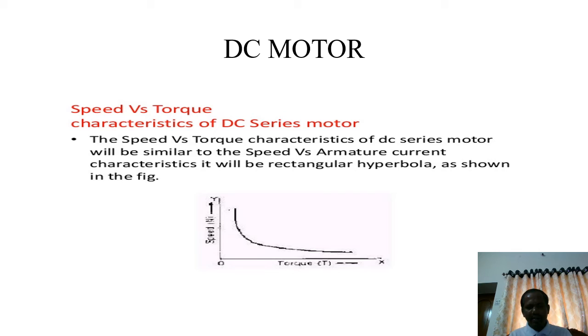So the speed versus torque characteristic is hyperbolic in nature. Here, as armature current increases, speed decreases. The speed versus armature current characteristic is similar to the speed versus torque characteristic in the case of the DC series motor.